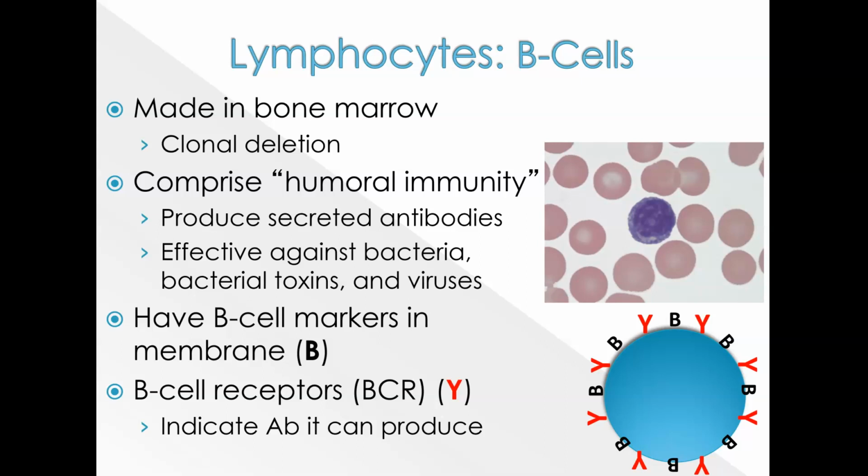So B cells have many markers on the outside that signify that they're a B cell, and very importantly, they have this B cell receptor. The B cell receptor is going to determine the type of antibody that it can ultimately produce, because that protein is the antibody, but it's just embedded in the cell membrane.